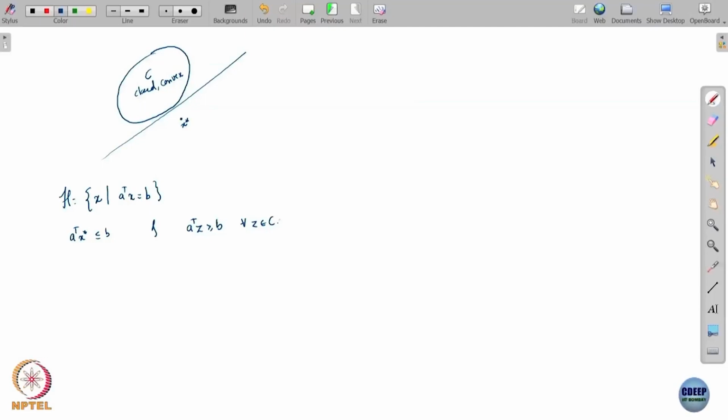Now, this form of separation is where I have allowed both these inequalities to be weak. It is possible for the point x star to lie on the hyperplane, and it is possible for the set C to also touch the hyperplane, touch but not cross it.